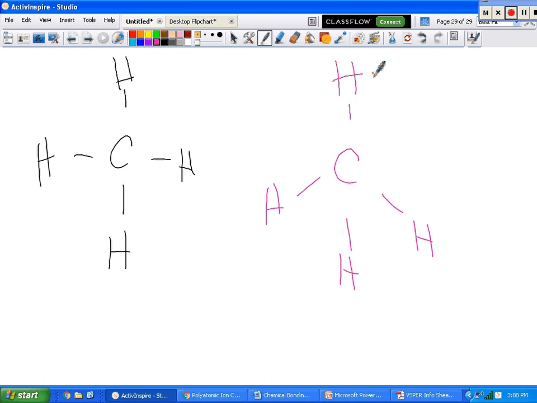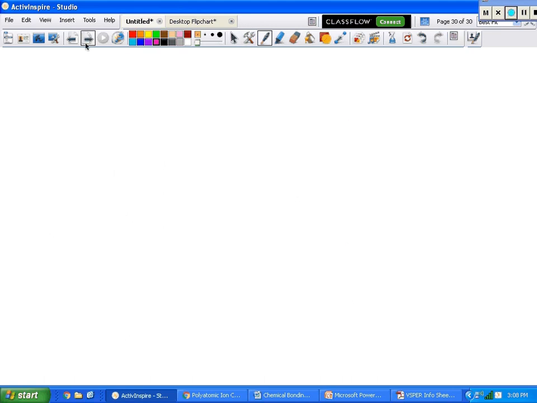Obtuse. It's larger than a what angle? It's larger than a right angle, okay? So it's going to be a little more than a right angle. And so this is a tetrahedron.